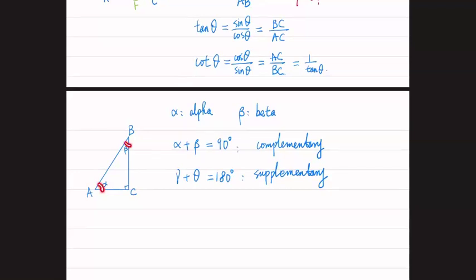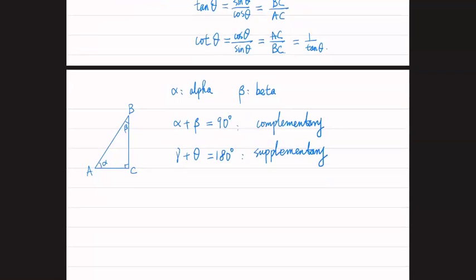For this angle beta, we computed sine beta, cosine beta. Are they connected? How are they connected? Any connection between the pairs?